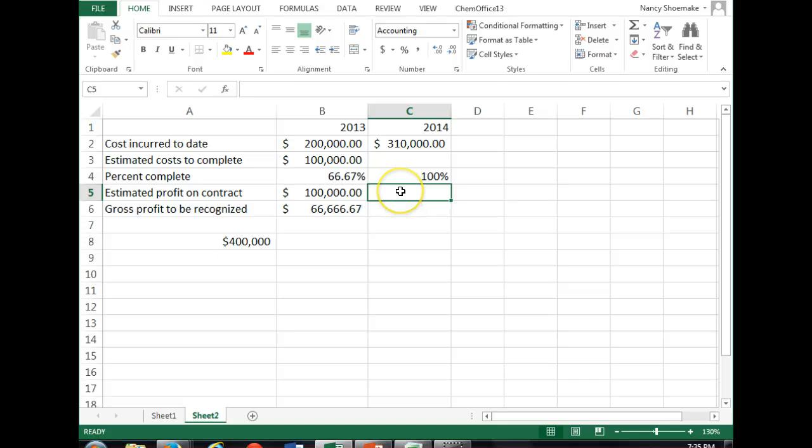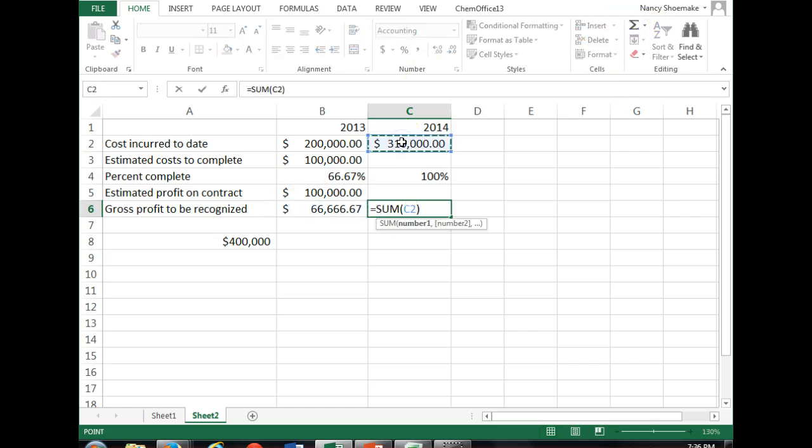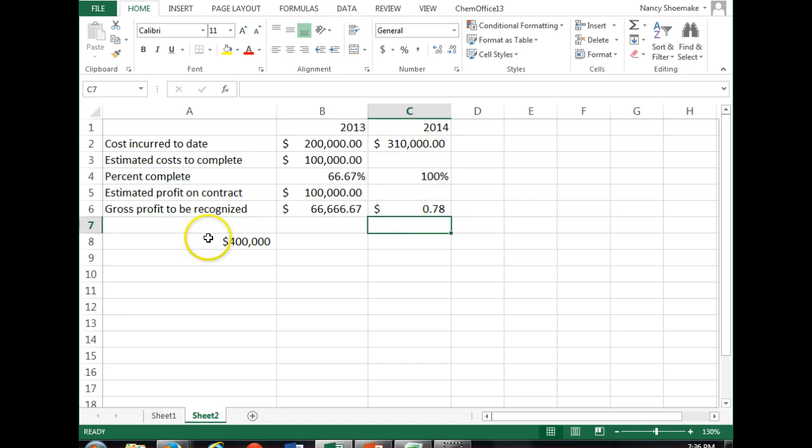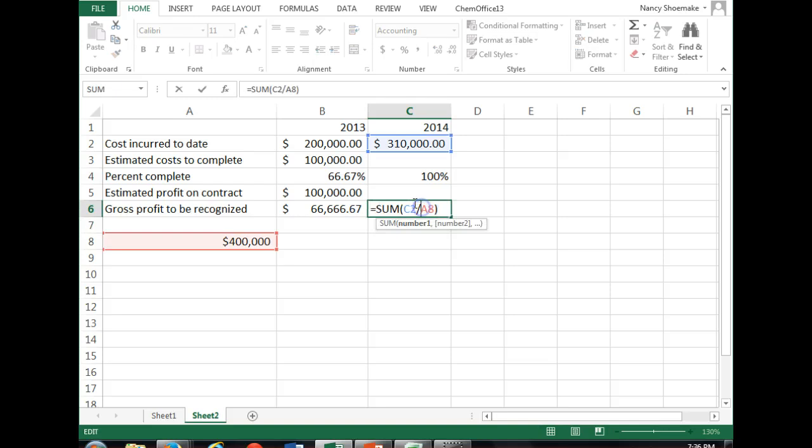And what are the estimated profit? Now we've got the cost incurred to date, the 310 divided by our 400,000, right? So our 310 divided by our 400,000 gives us 78% is our costs. So technically our true profit should be how much?